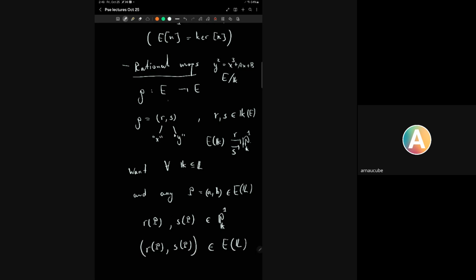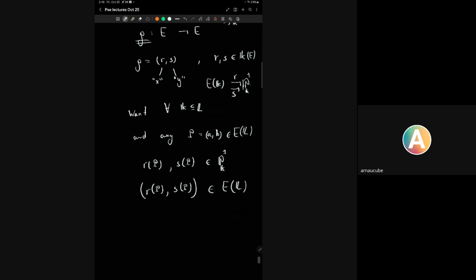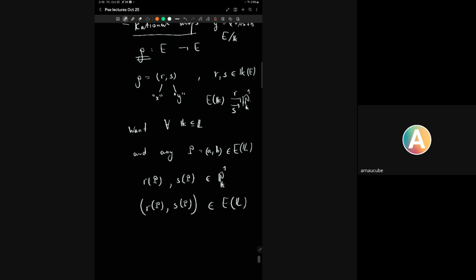So I want rho to map points in E of L to points in E of L. And what does it mean to be a point in E of L?